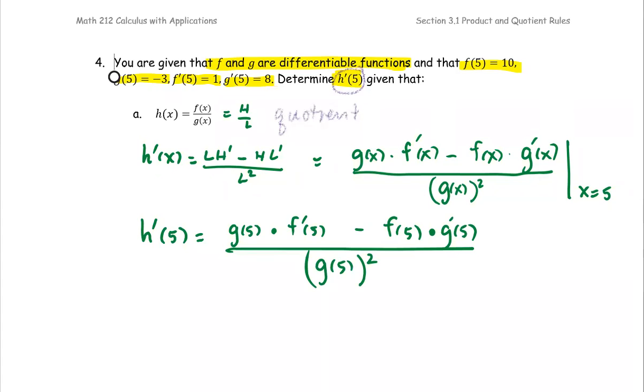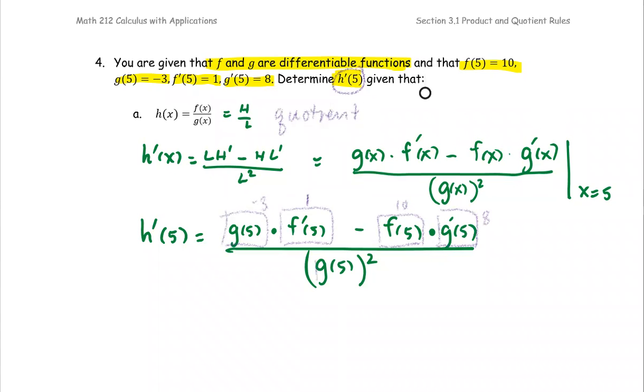From the information provided, the value for G at 5 is given to be -3. What is the value for F prime at 5? 1. What is the value of F at 5? 10. The value of G prime at 5 is 8.